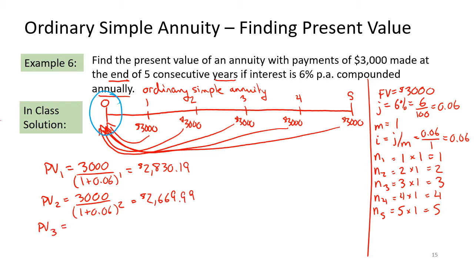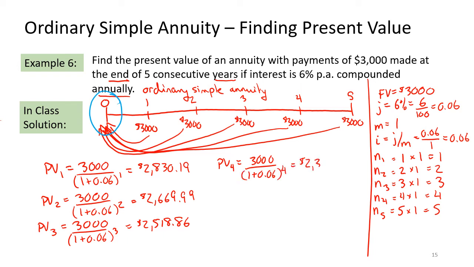For year 3, we have 3,000 divided by 1 plus 0.06 to the exponent 3 for 3 years, which is $2,518.86. For number 4, we have 3,000 divided by 1 plus 0.06 to the exponent 4, which is $2,376.28.